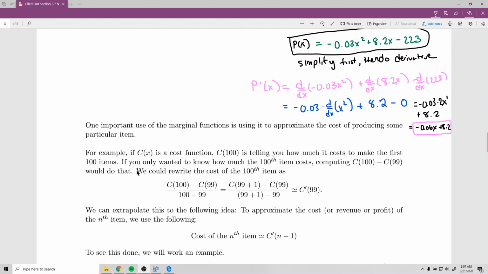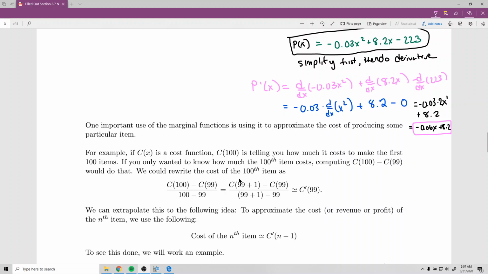Let's say you have some product. Let's just go back to the shirts again, and the cost is variable. It's a function of x, and you want to see how it's changing. So how much does the 100th shirt cost to produce?